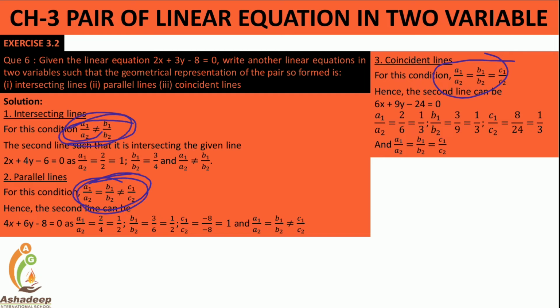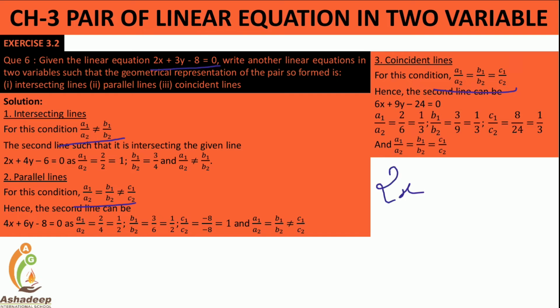We need to satisfy these three conditions, and that is compulsory, right? With values you can put anything, but these conditions must be satisfied. So let's see how we can satisfy it. Here one equation is given, and that is 2x plus 3y minus 8 is equal to 0.